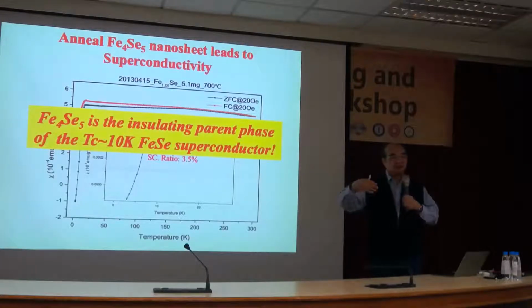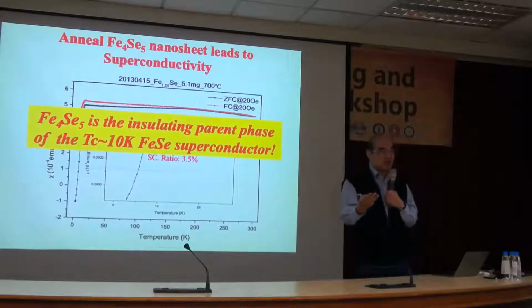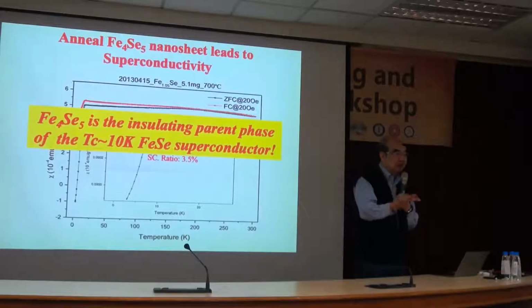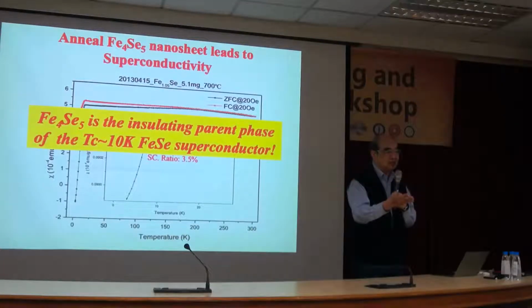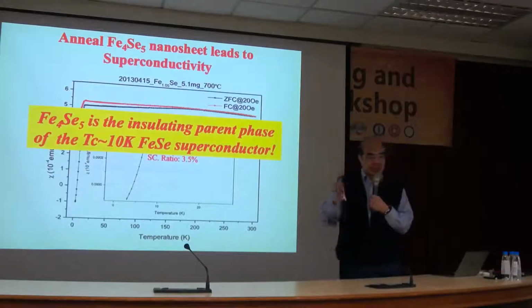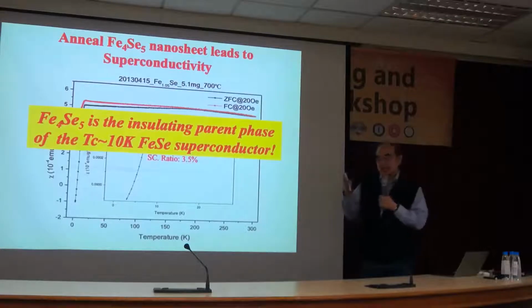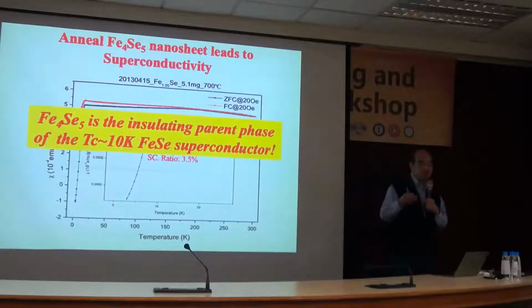In the past, people have been arguing about what the parent phase of iron selenide is, and a lot of people used iron telluride as the parent phase in doping. We proved this is not right. The 4-5 phase is actually the parent phase, and that has the same features as the cuprates.